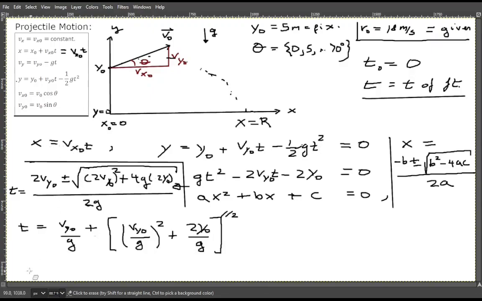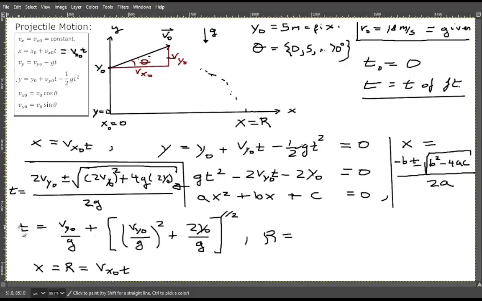So notice that the range will be given by x equal to vx0 times the time of flight. So when x is equal to the range, t is equal to the time of flight. It's equal to vx0t, where t is all this stuff. So that means the range has to be all this t times vx0.